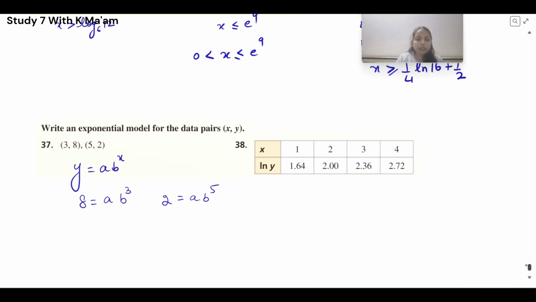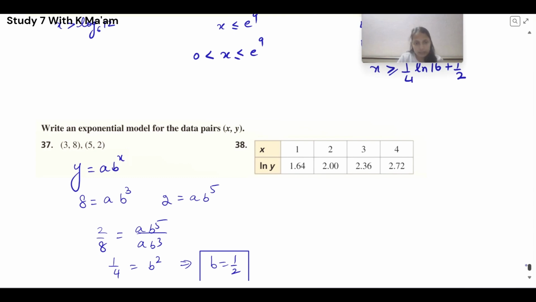You can divide both sides. 2 by 8 equals a b power 5 over a b power 3. It's 1 by 4, b power 2. B is always a positive number, so b is 1 by 2. You got b as 1 by 2.